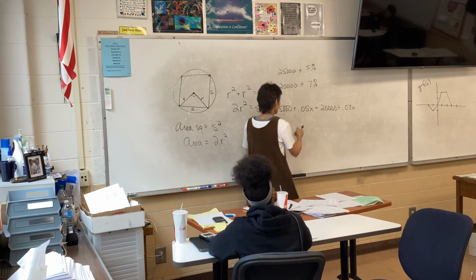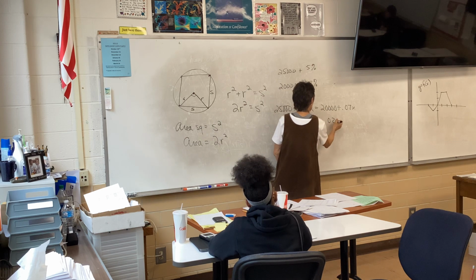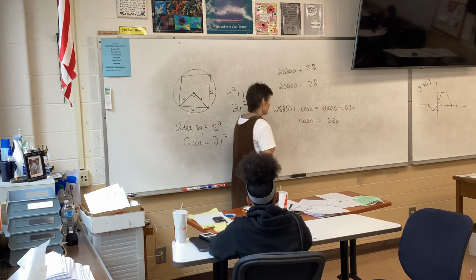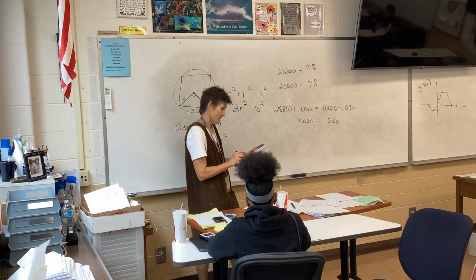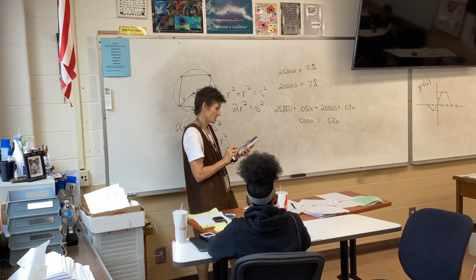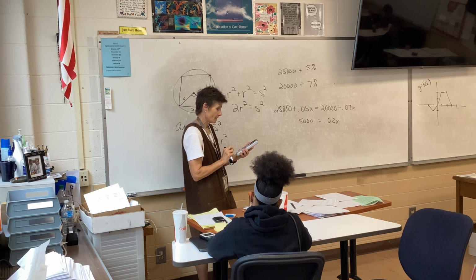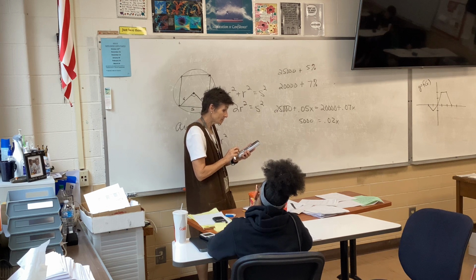Okay, that's easy enough. So solving this equation, this is not a big deal. I should be able to do that in my head. 250,000? Is that what you got?